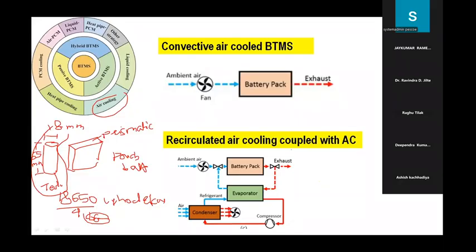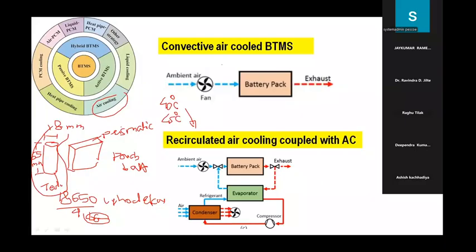Now, we'll also try to understand the meaning of recirculated air cooling coupled with air conditioning. If you drive the electric vehicle in a situation where the ambient air is very hot, for example, 40 degrees, or extreme summer conditions like 45 degrees Celsius, this will be applicable.